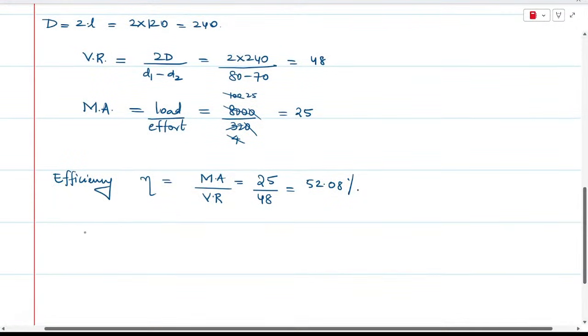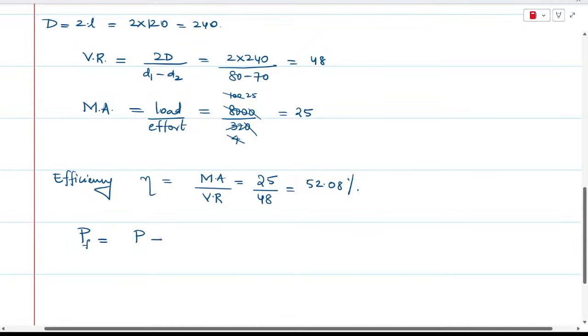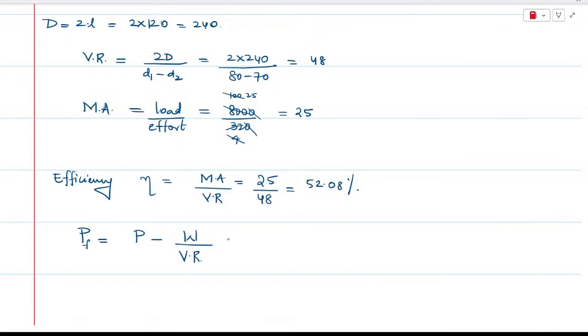Next is the effort lost in friction. Here we can make use of the formula, effort lost in friction, PF, is equal to applied effort minus load by velocity ratio. So the applied effort is 320 minus load, 8,000, divided by velocity ratio, 48.